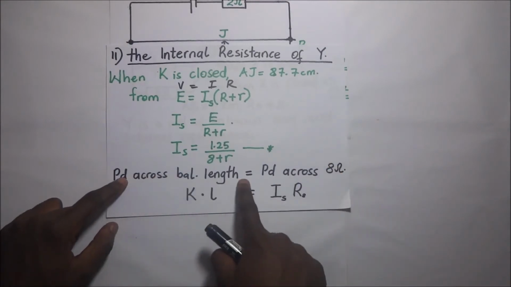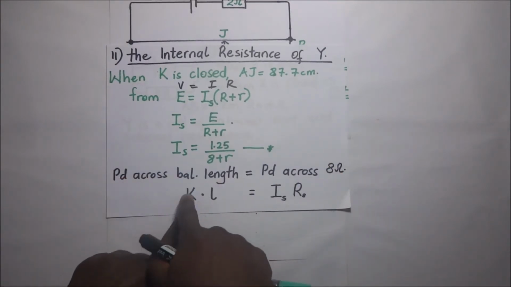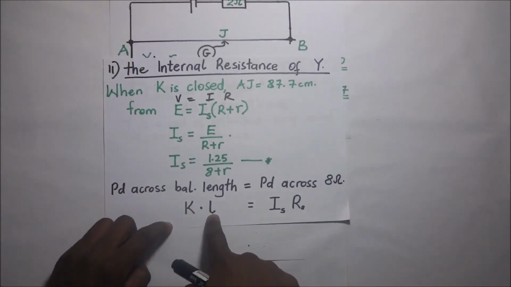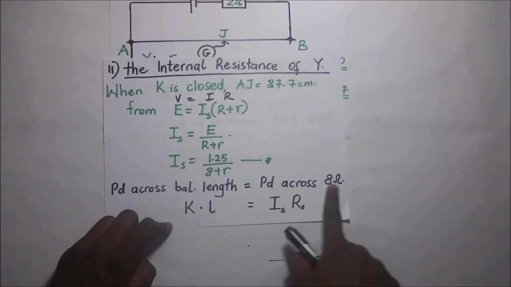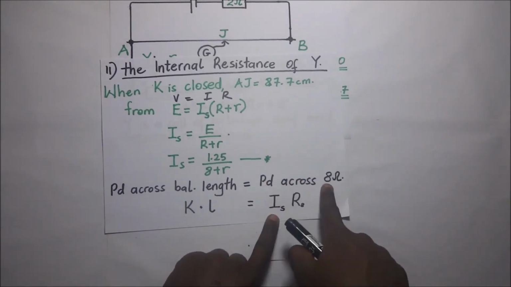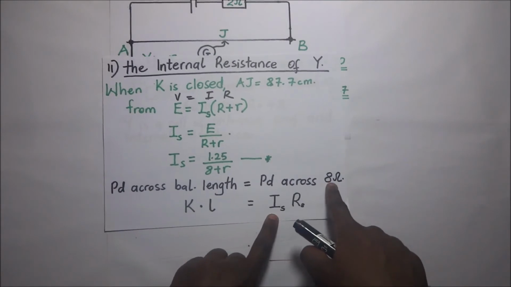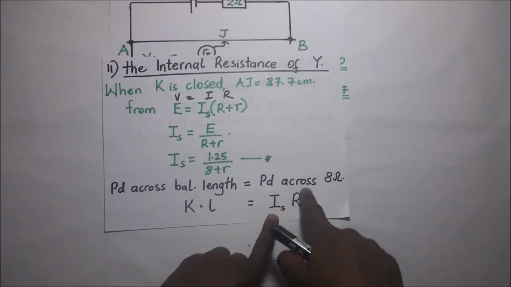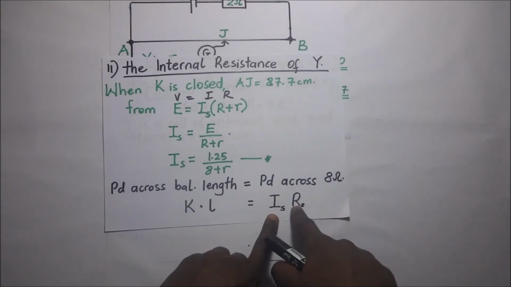So the PD across the balance length is given by the PD per unit length of that wire times the balance length, being equal to the current going through the 8 ohm resistor multiplied by the 8 ohms.